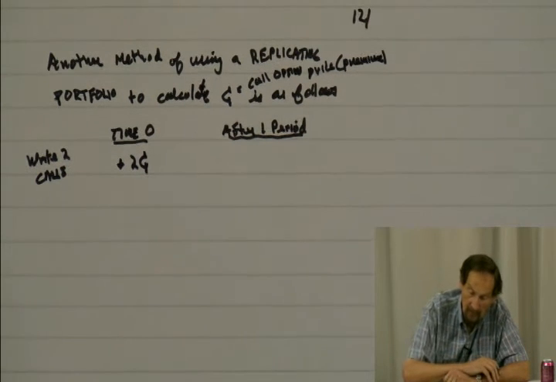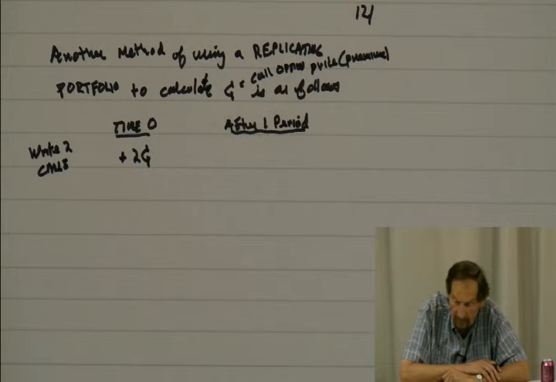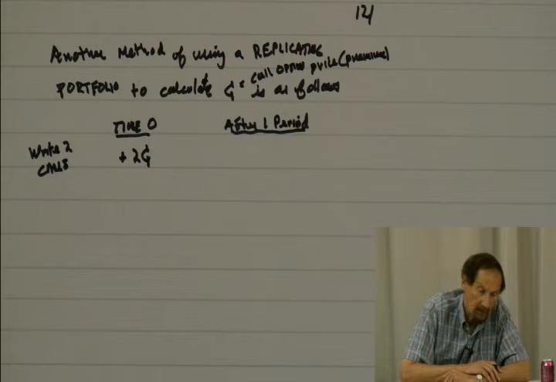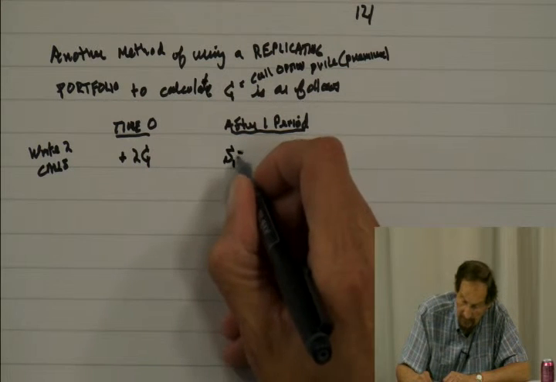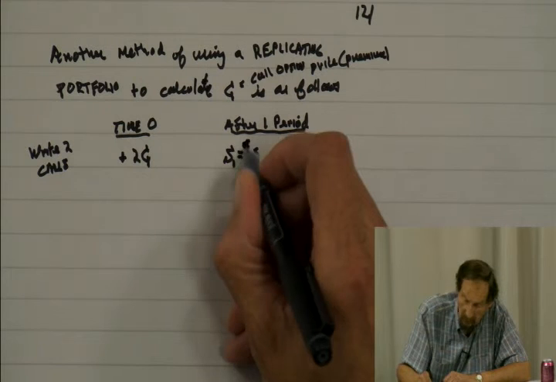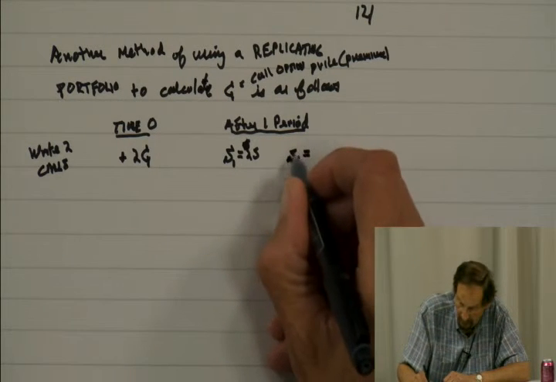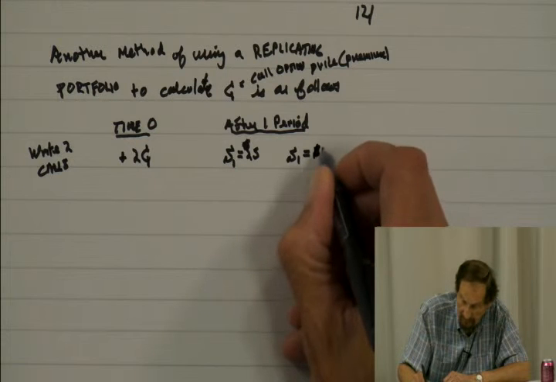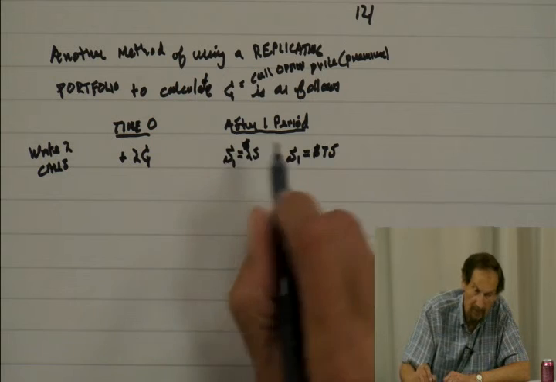Okay. So if we write two calls, the holder has to give us 2C. After one period, if S1 equals $25, or S1 can equal $75. It can go down or up here.